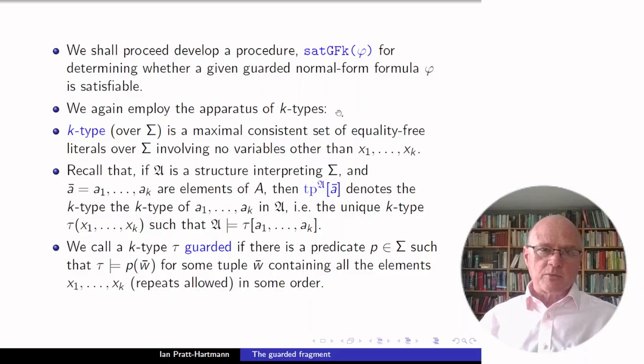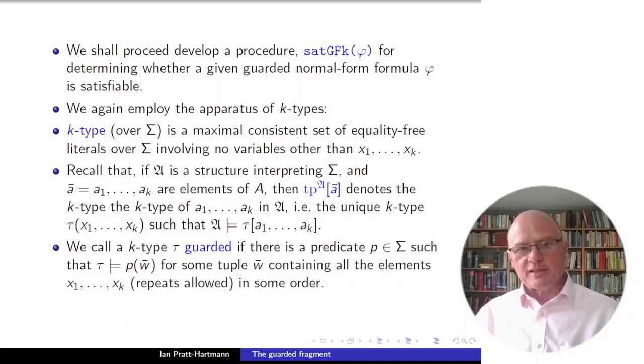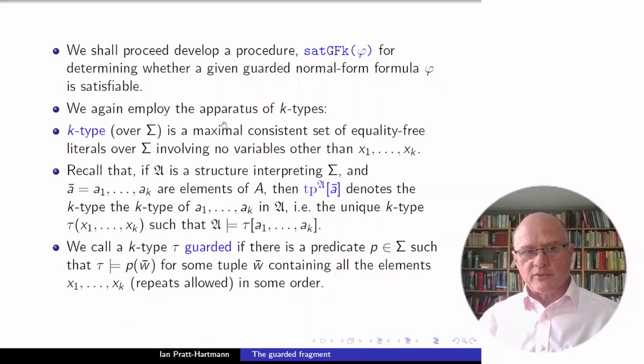And the procedure will employ the apparatus of k-types, or atomic k-types. I'll just say k-types in this lecture. I talked about these in an earlier lecture, but by way of revision, a k-type over a relational signature sigma is a maximal consistent set of equality-free literals over that signature involving no variables other than x1 up to xk. So in my definition of k-types, I do not allow equality.